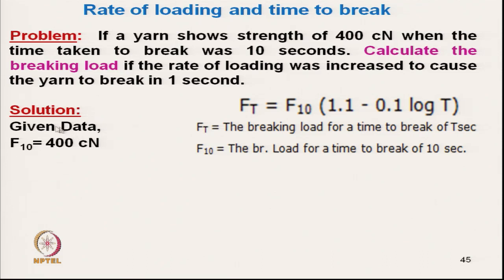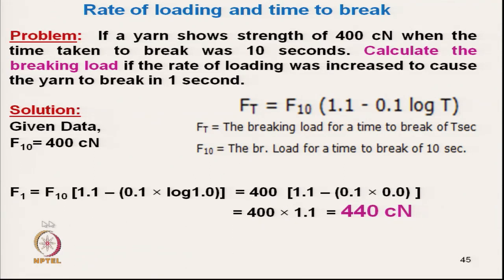F 10 becomes 400 centinewton, it is given. Now, what we want is F 1. F 1 equals F 10 multiplied by 1.1 minus 0.1 log t. Log 1 gives 0. So it becomes 1.1 multiplied by 400.